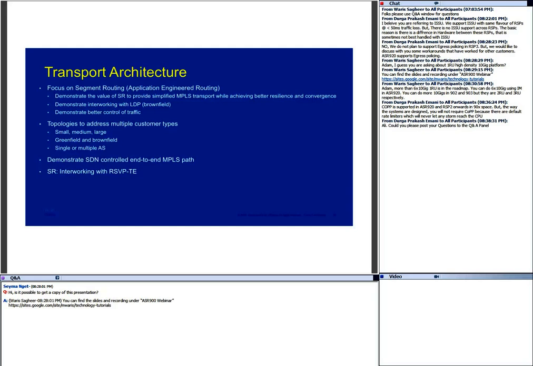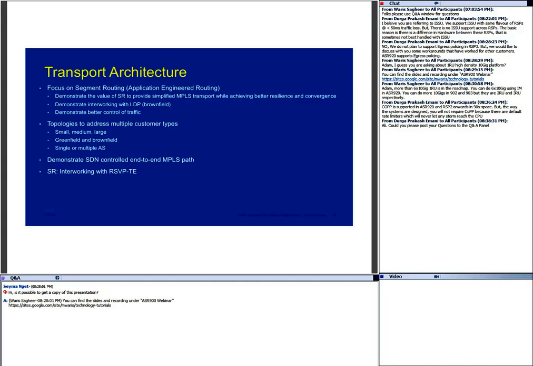You can have one controller on the top, and then you can just program one box with a label stack and say just follow the label stack to reach a destination, right? So all the multiple protocols which were associated in getting the traffic from one point to the other are simplified into one single protocol.